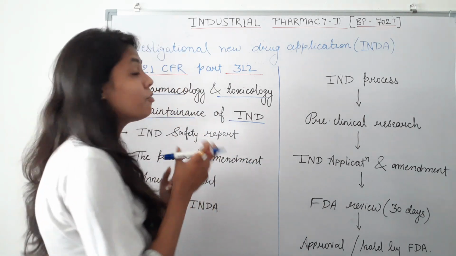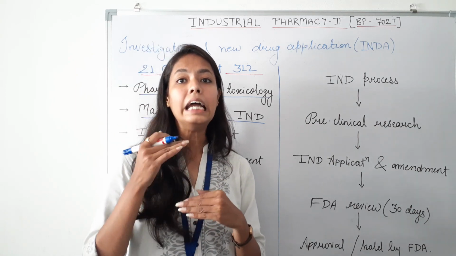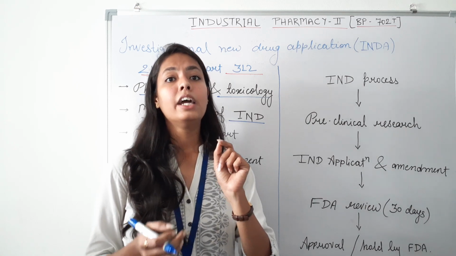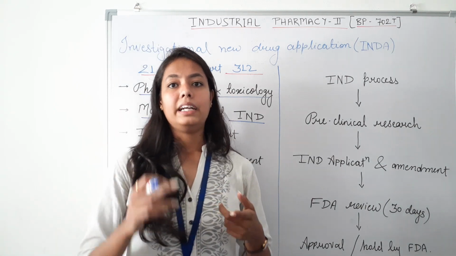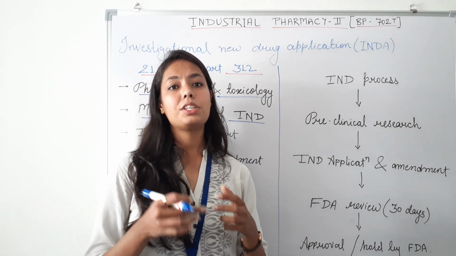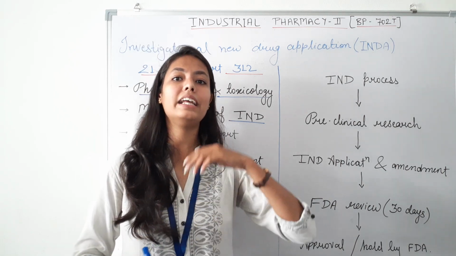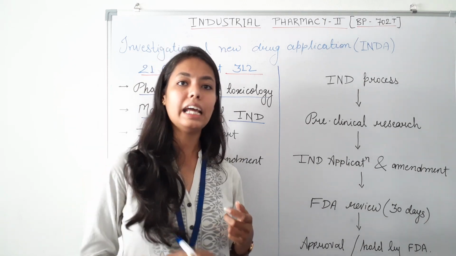If we talk about information amendment, this is the process of submission of important information to the IND that is not within the scope of the protocol amendment. It should be reported in the annual report or any investigational new drug safety report. Sometimes information submitted in an information amendment may be required to support another type of amendment.